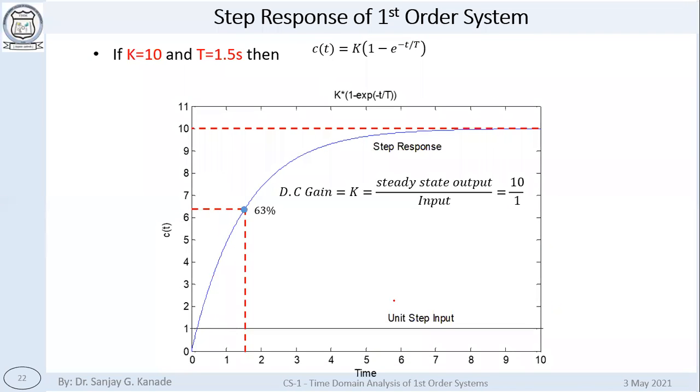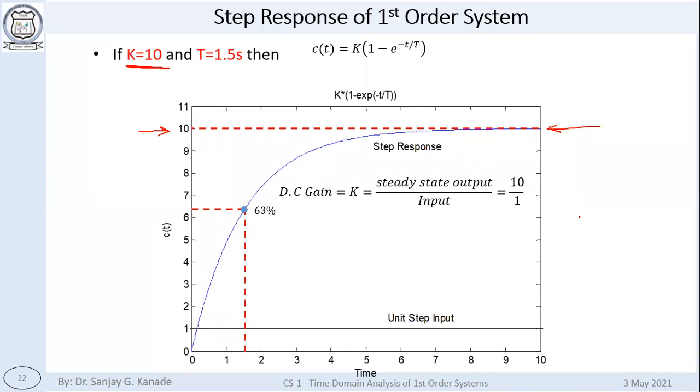Here on this graph it can be much clearer. Purposefully I have taken K equal to 10, so the final value of the output would be 10, because I'm talking about a unit step. Input is 1, K is 10, K is the DC gain, so the output at the steady state will be equal to 10.